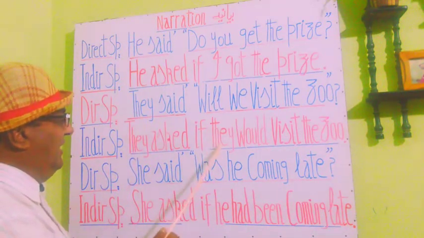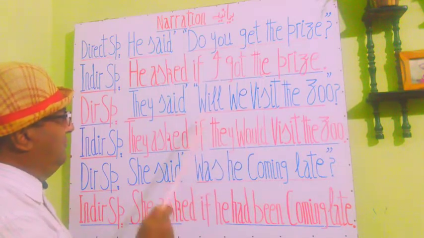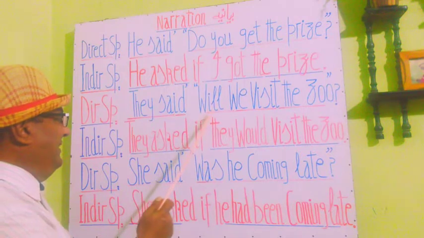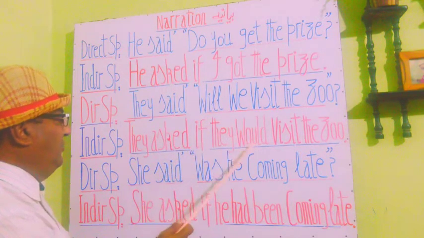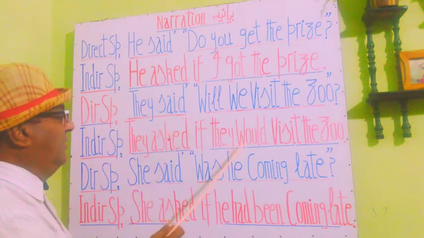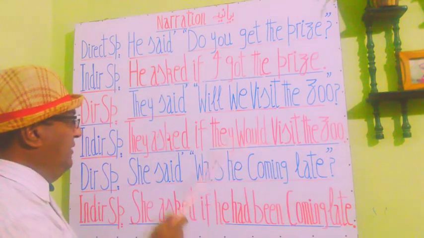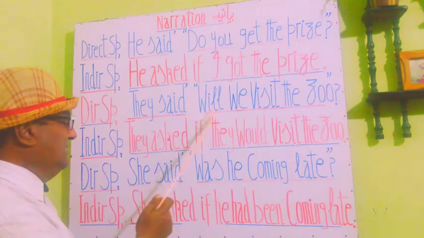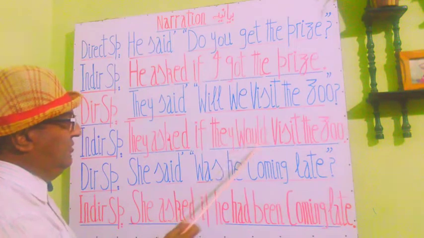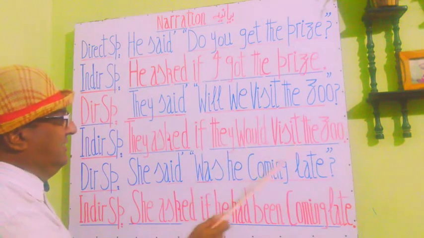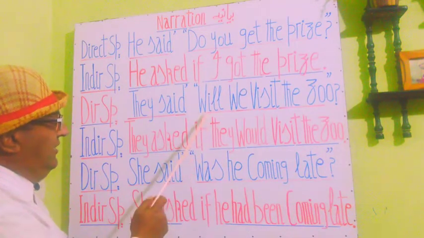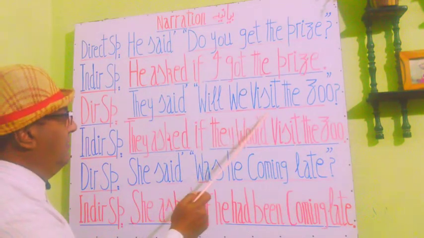Now the verb form will be the second past form of will, which is would. We will write here would because the outer part is in past, so by rules we have to write the past form of the verb. The past of will is would. If they would visit the zoo.